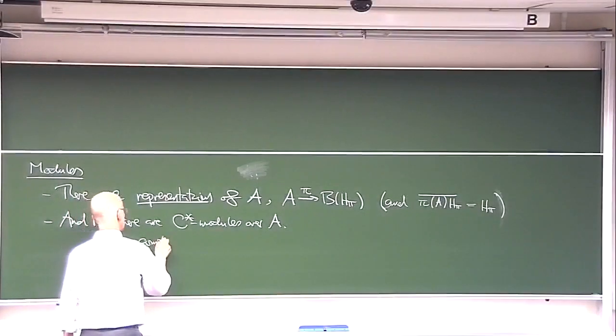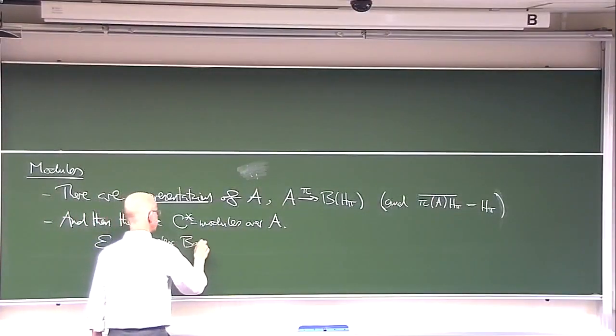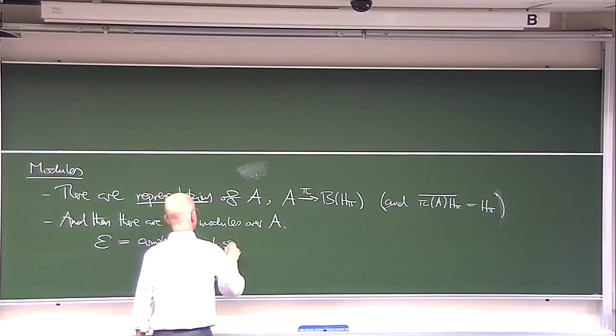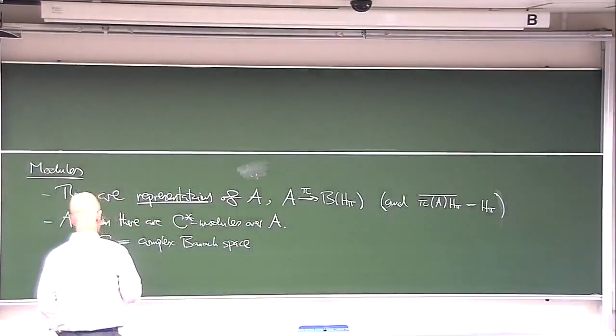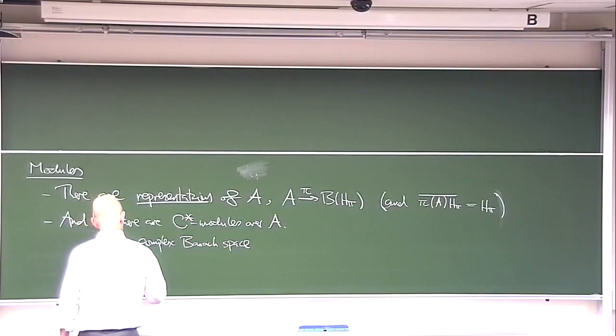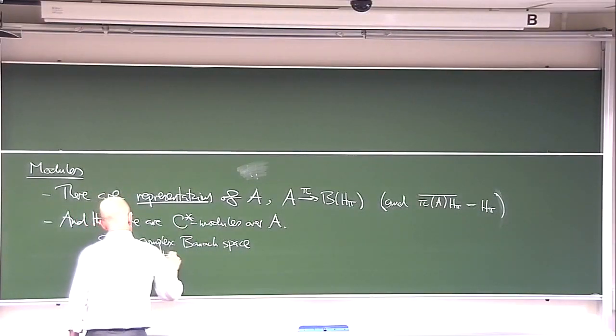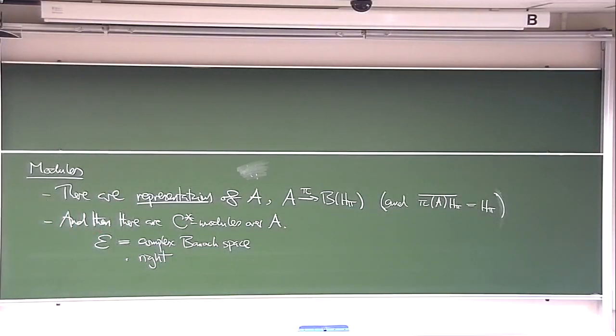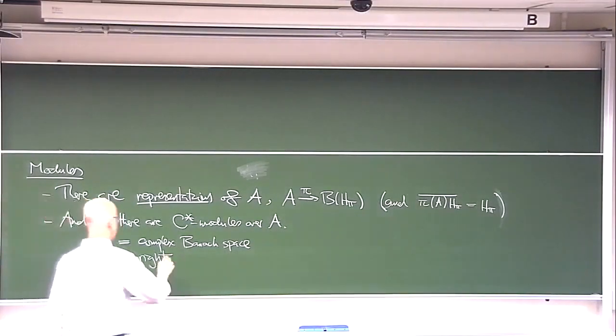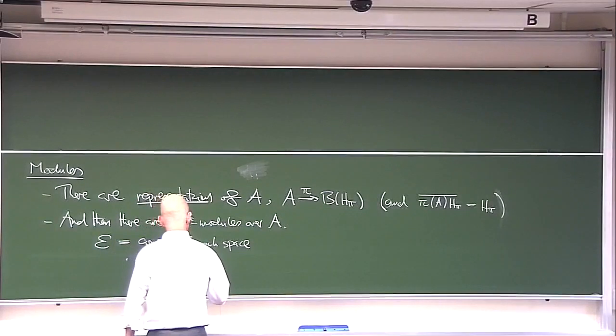So first of all, these are complex vector spaces, not Hilbert spaces, typically. Conventionally people work with right modules in this context, so I want that to be a right A-module structure.